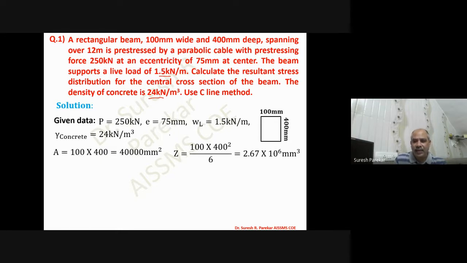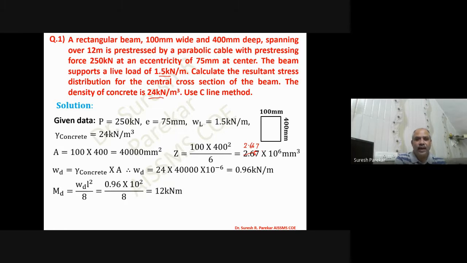So I have considered Z as 2.667 into 10 raised to 6 millimeter cube. Then the self weight will be 0.96 kilonewton per meter, and sorry, the span is 10 meter, not 12 meter.